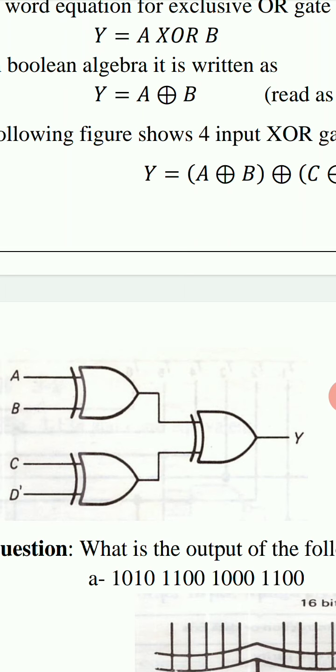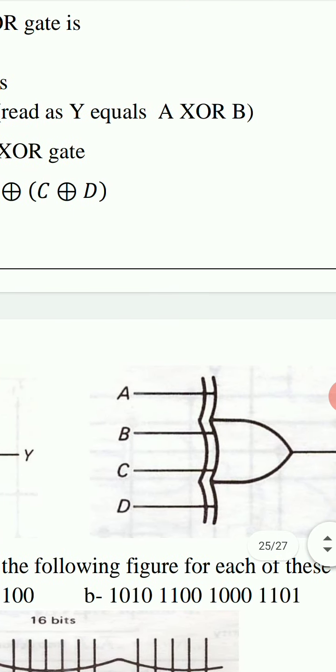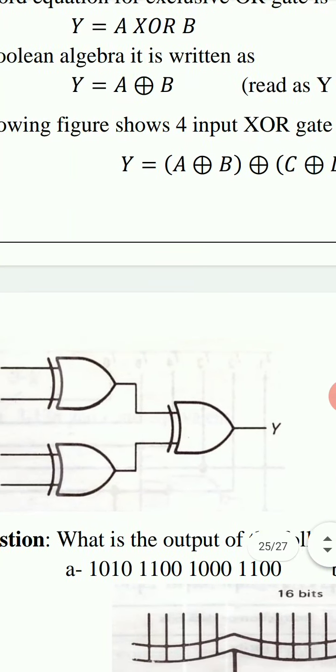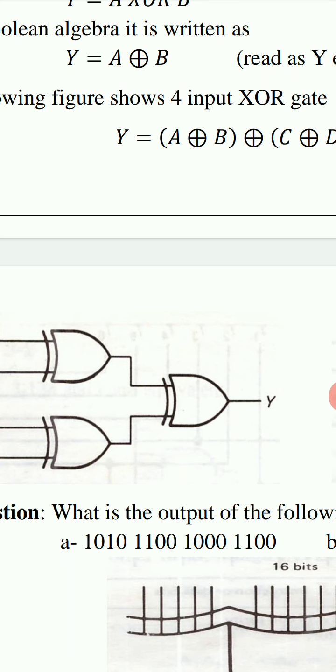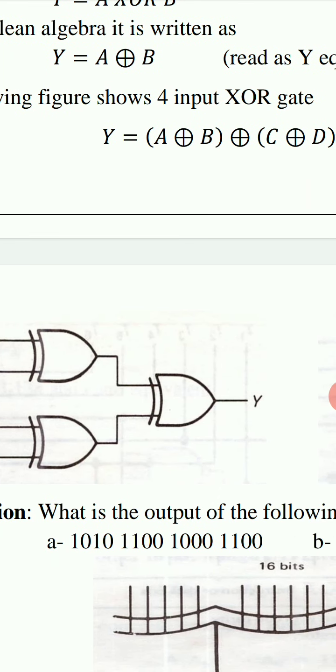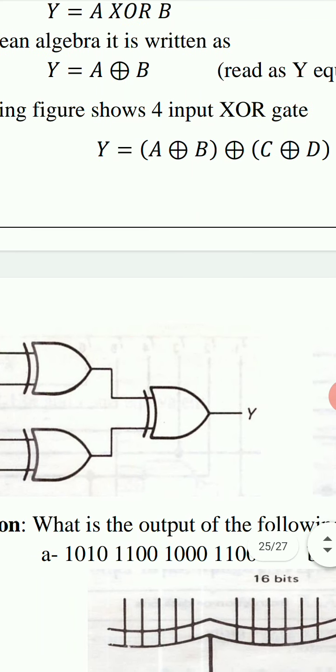This circle around plus sign represents XOR operation. Read as Y equals A XOR B. We read such an equation like this, Y equal to A XOR B, because the circle around plus sign represents XOR operation.